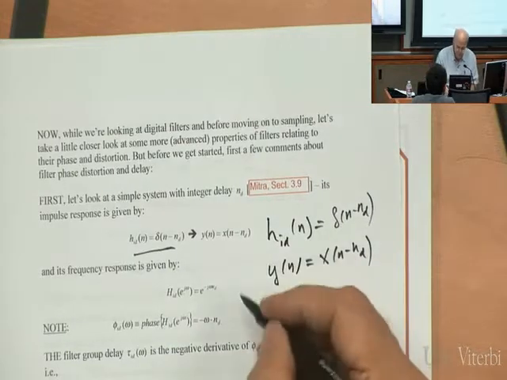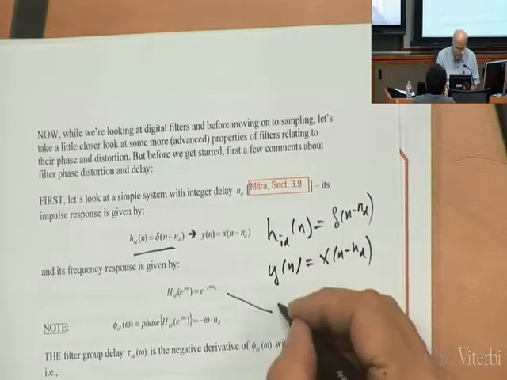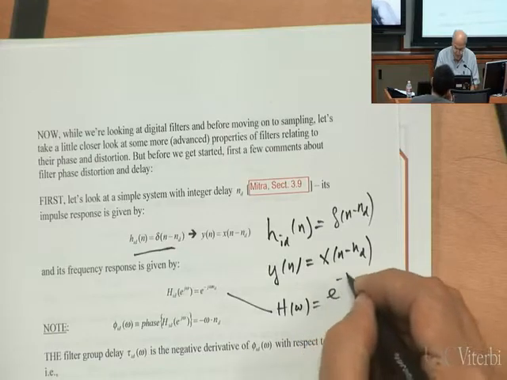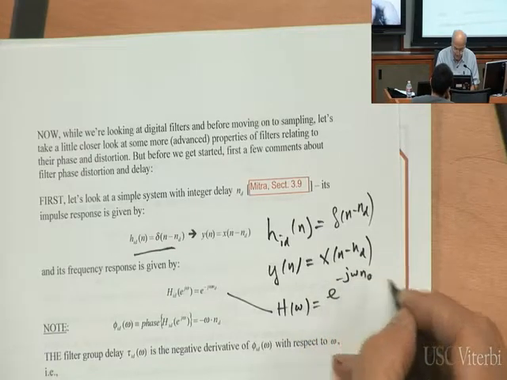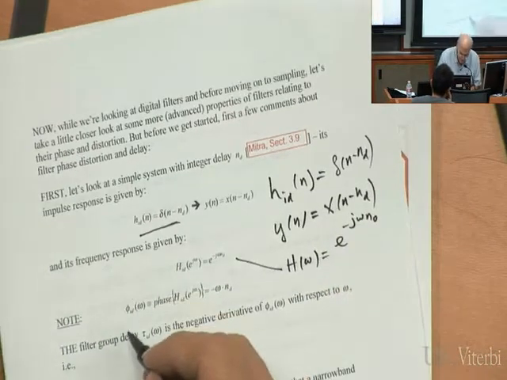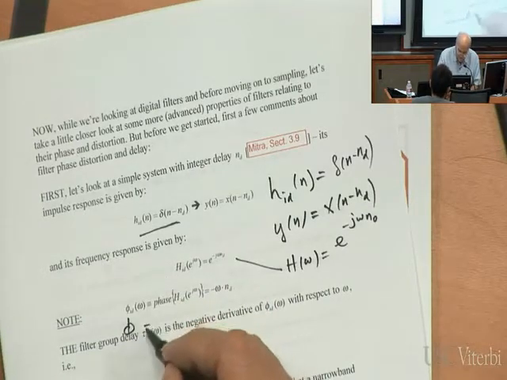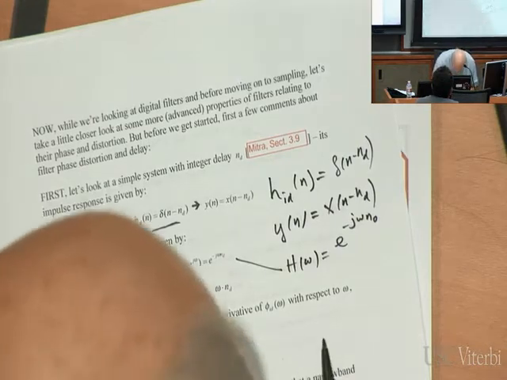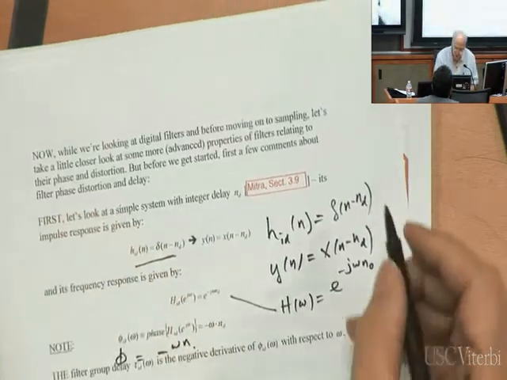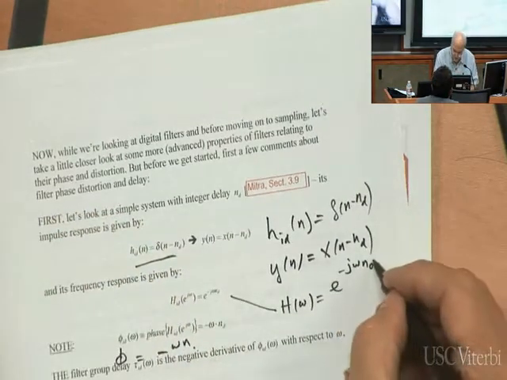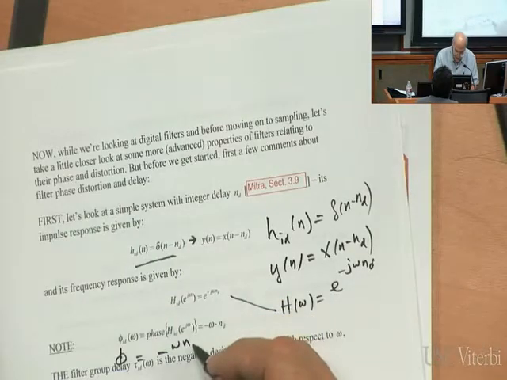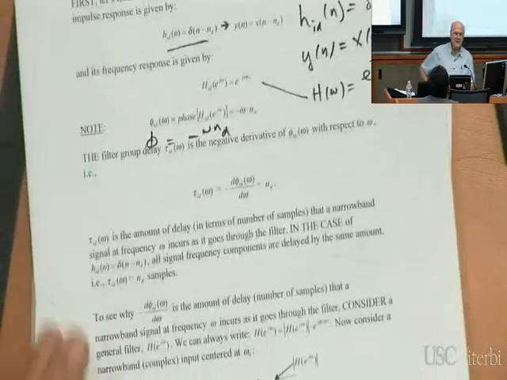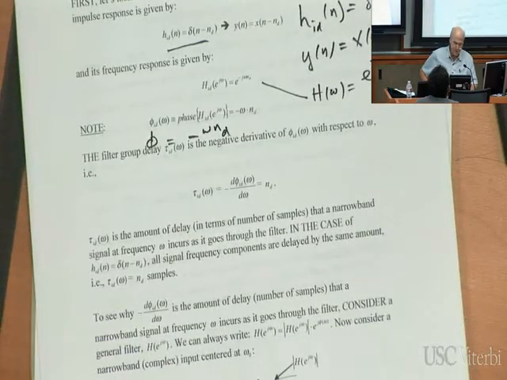What is the frequency response? It looks like e^(-j omega n_d). What is the phase of that frequency response? The phase is minus omega n_d. So that is the phase response of this filter.